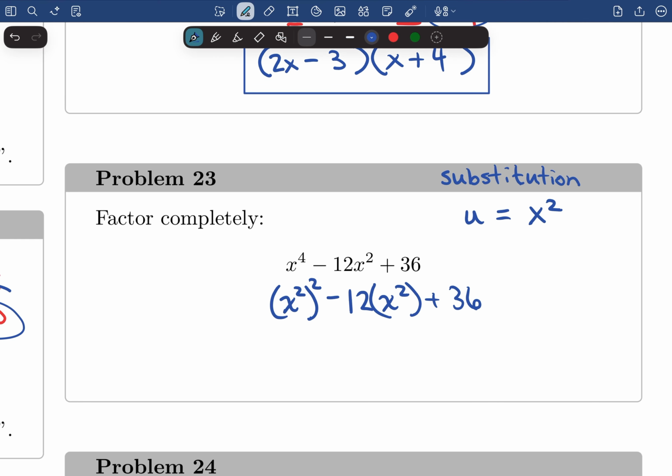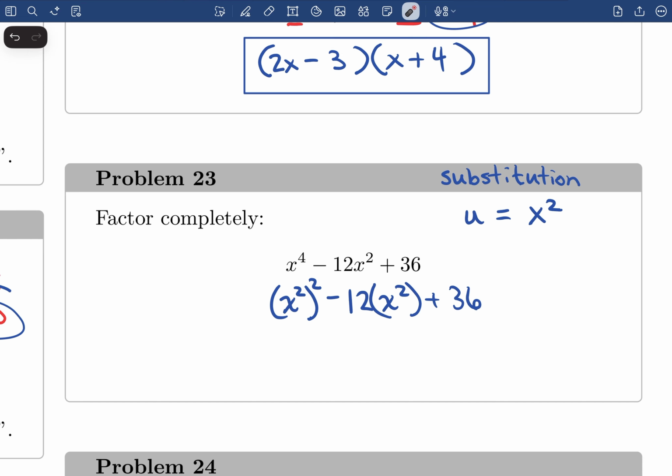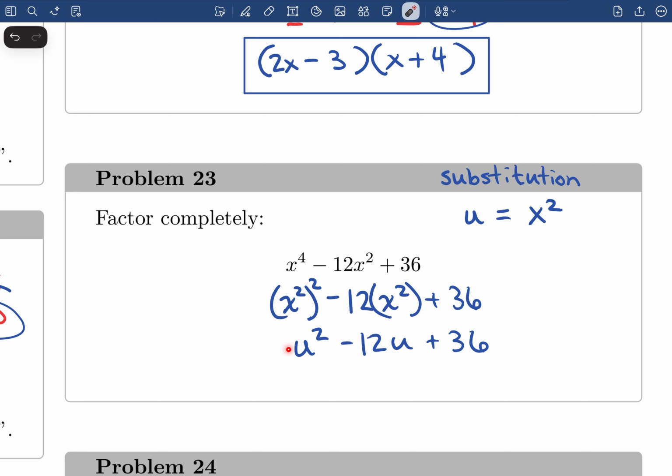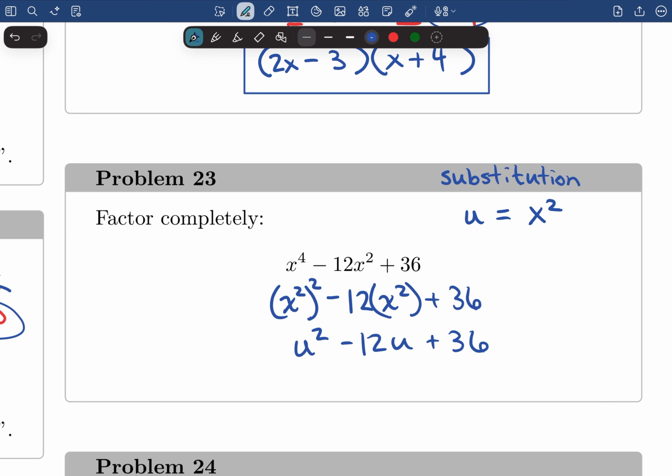And why does that help me? Because I can turn any x squareds that I see into u. And so now I have u squared minus 12u plus 36. And this is a quadratic trinomial that I can factor just like I'm used to. And so I attempt to factor this, okay?